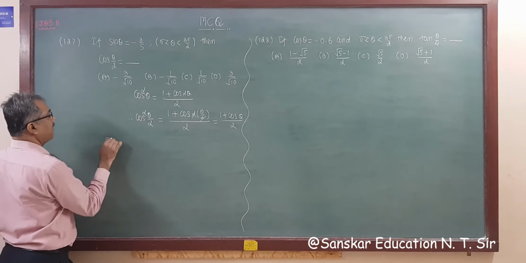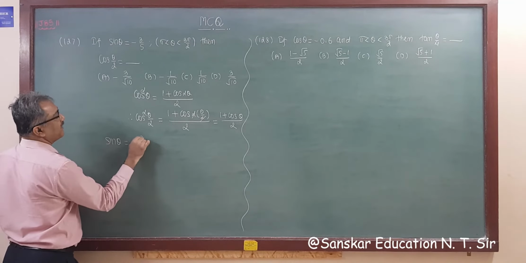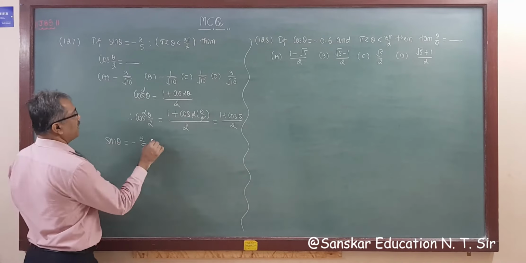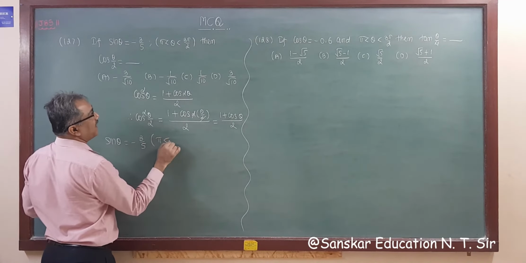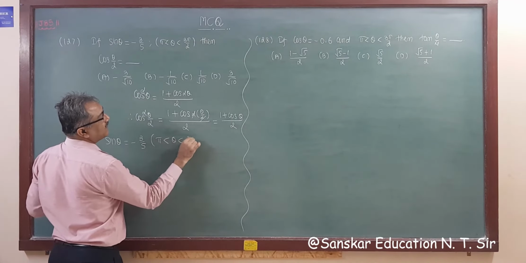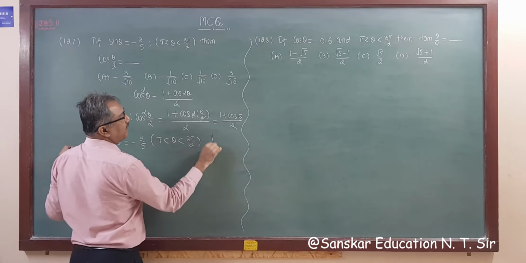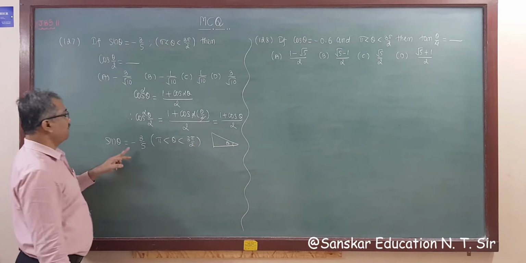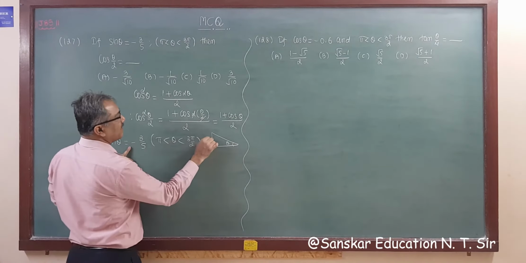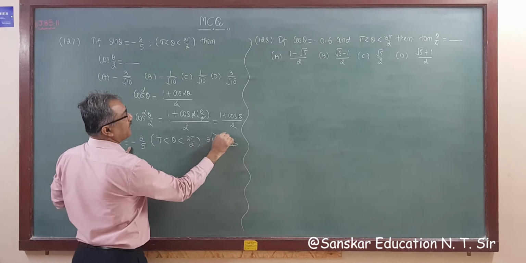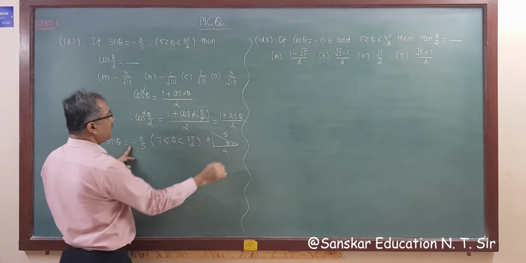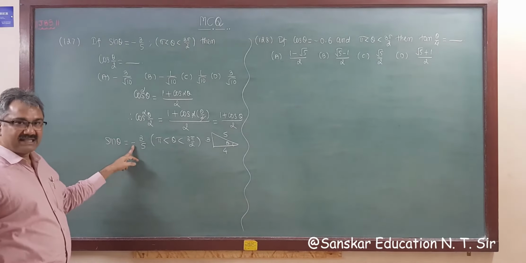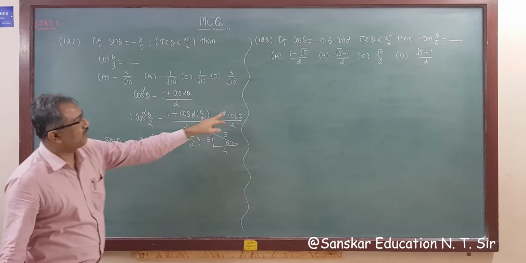So here sin theta is equal to minus 3 by 5, and the quadrant is pi to 3 pi by 2. That is the third quadrant, pi less than theta less than 3 pi by 2. So if we draw a right angle triangle, this is theta. Now sine means opposite upon hypotenuse, and this is 4. Now in the third quadrant sine is negative, so that's why this is negative. So now we require cos theta.